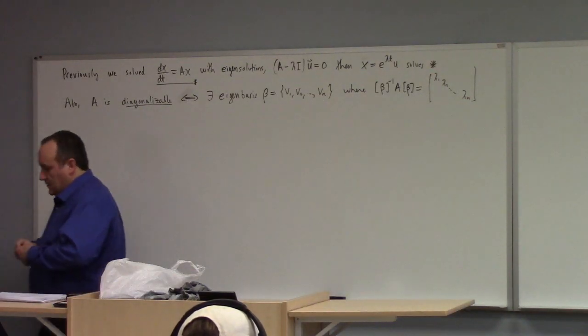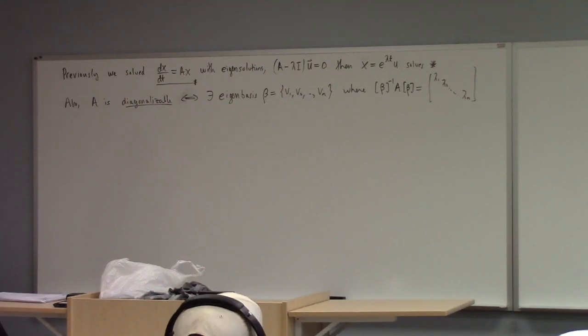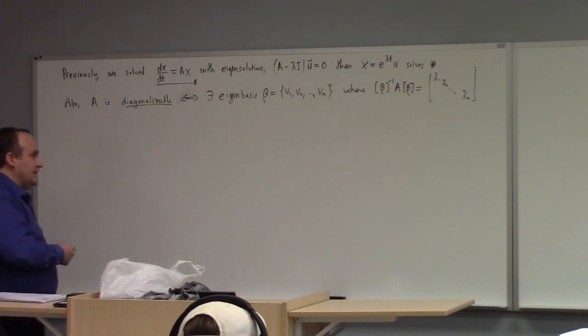And so, strictly speaking, if one of the eigenvalues is complex, most people would say that the matrix is not diagonalizable in that case. What they really mean is it's not real diagonalizable. It may still be complex diagonalizable. But there are matrices which are not even complex diagonalizable, all right?